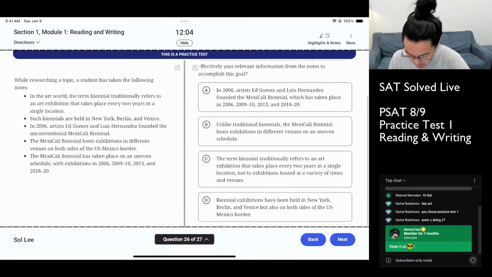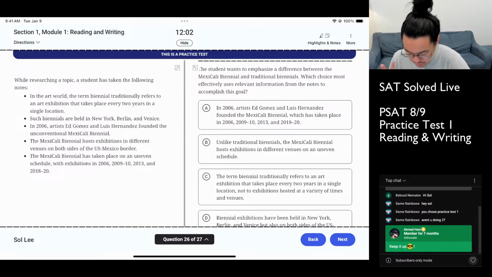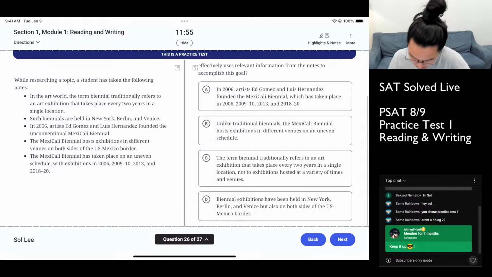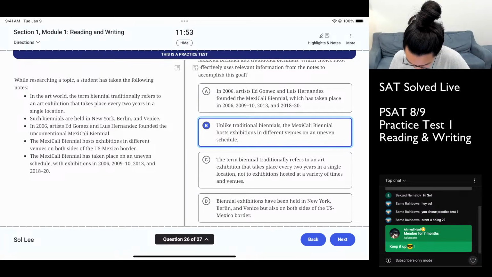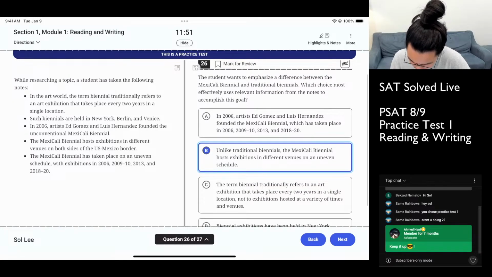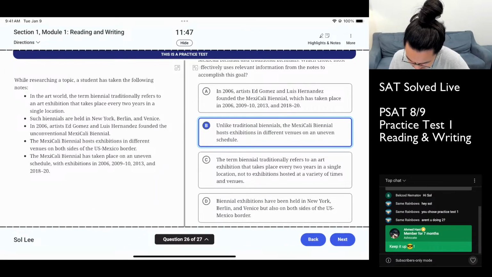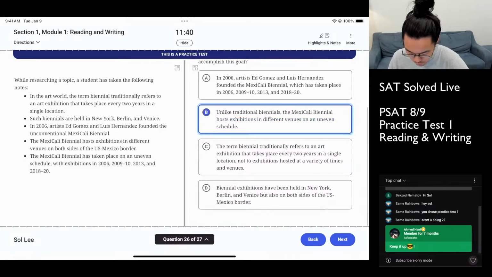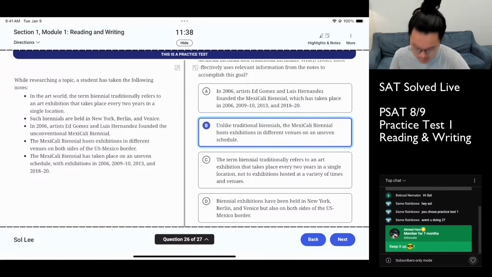Thank you, Ahmed. So yeah, two differences: the irregularity of the schedule and the irregularity of the location. And it says one difference, emphasize a difference, but this is two differences, and it can't be more right than this, but it's kind of annoying. This question was written in a way where it doesn't grammatically match up.